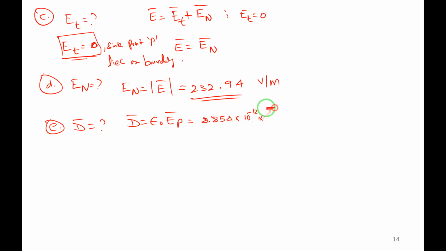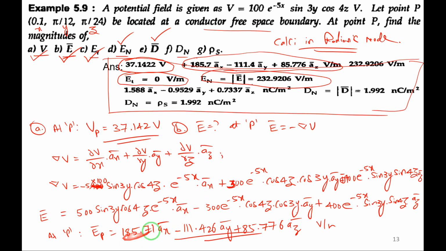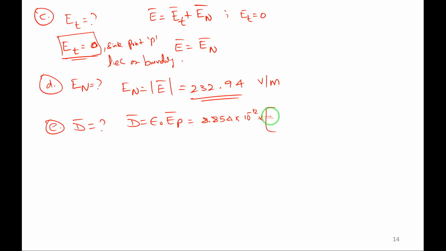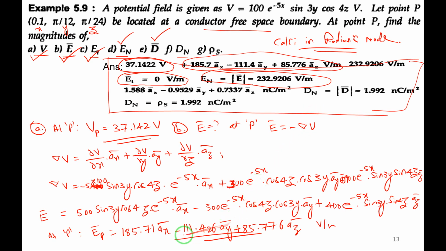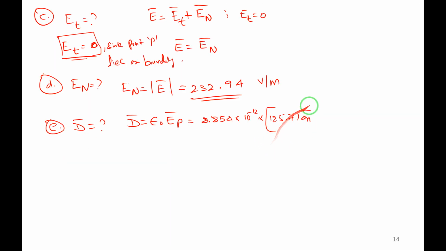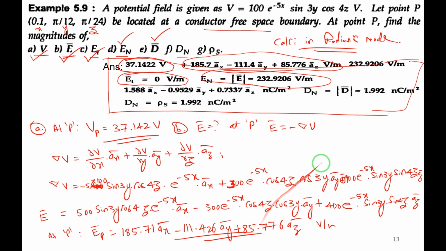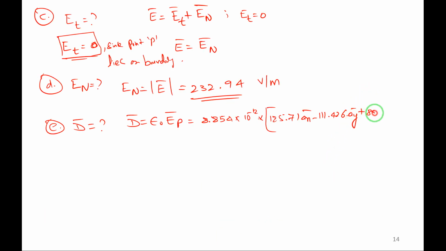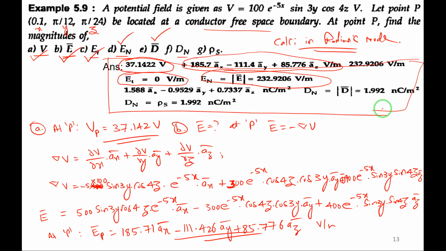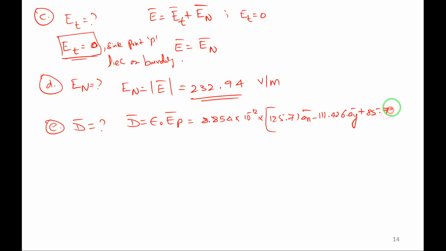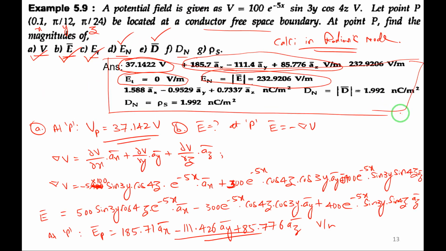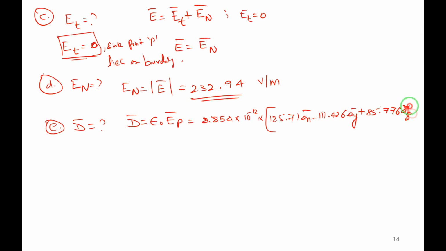So write down E vector at point P. I have 185.71 ax minus 111.426 ay plus 85.776 az, right?